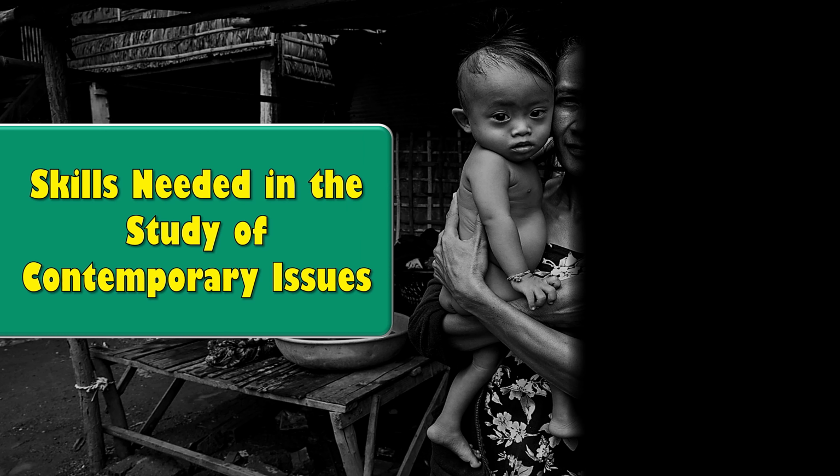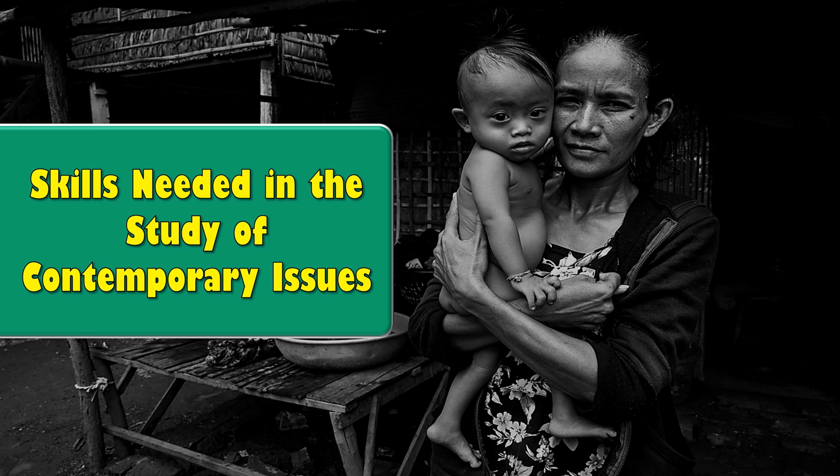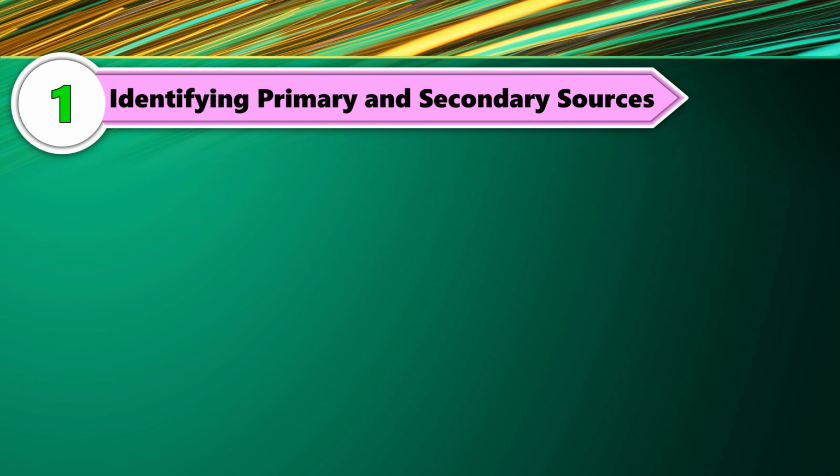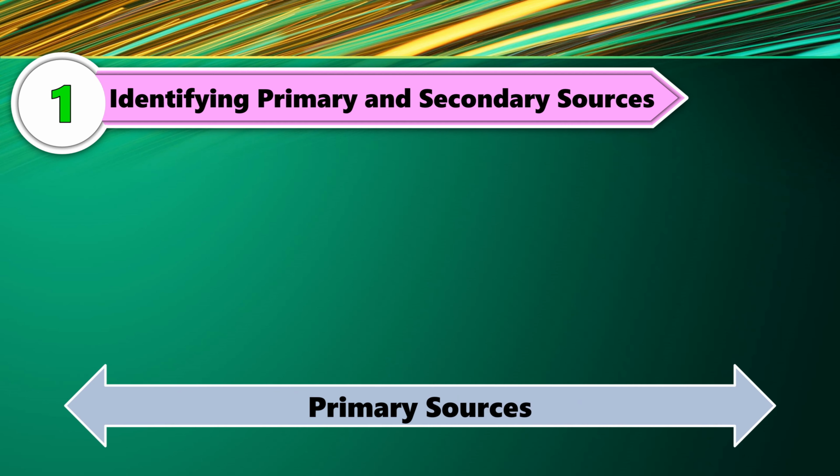The next part of our discussion is the skills needed in the study of contemporary issues. The first skill is identifying primary and secondary sources. First, let's go to primary sources.